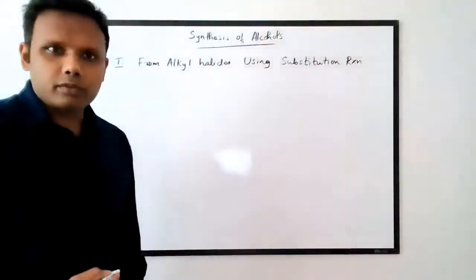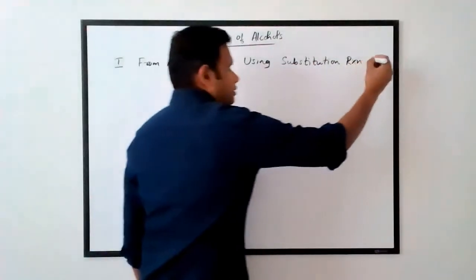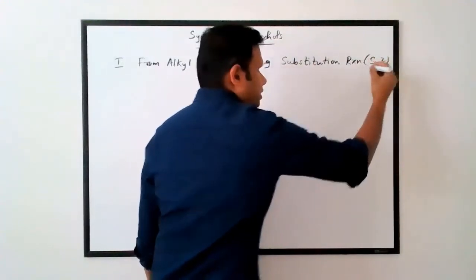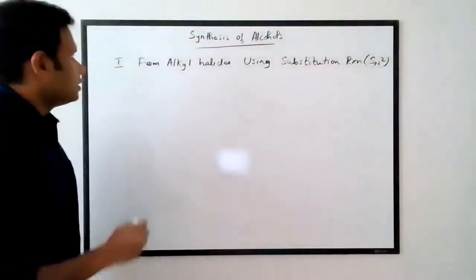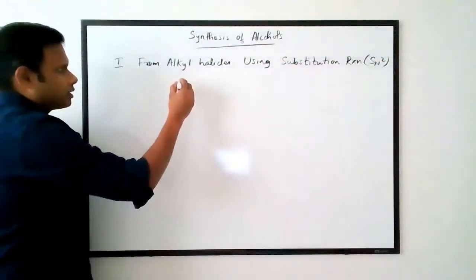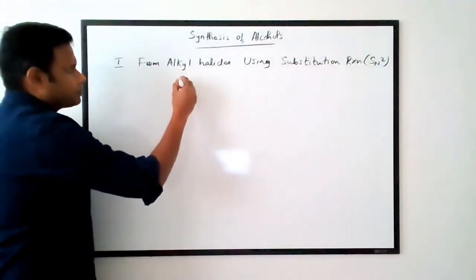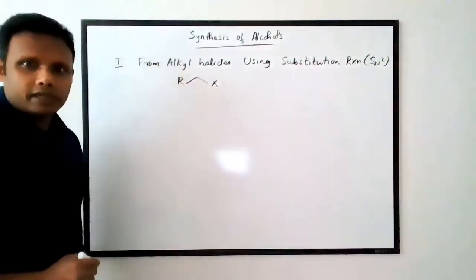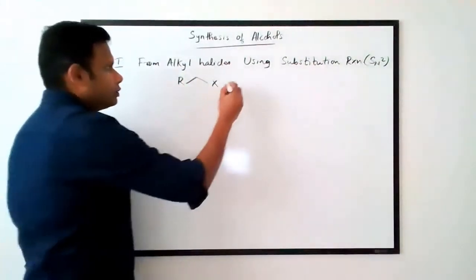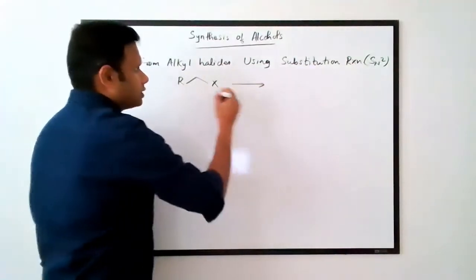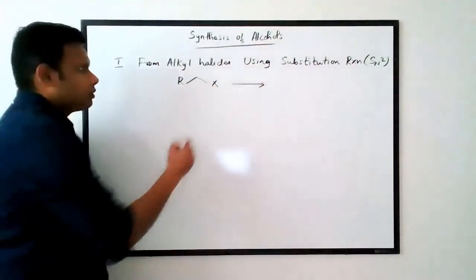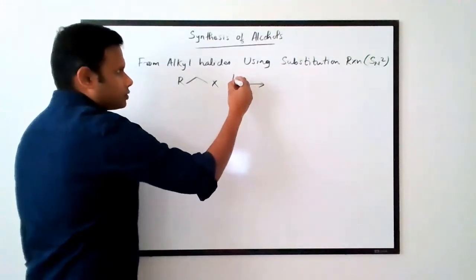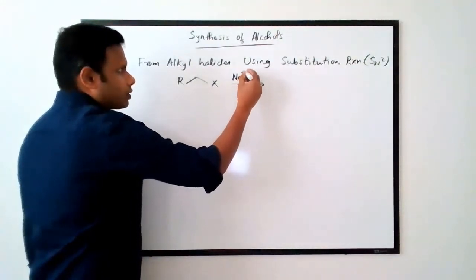And since we're talking about synthesis, the specific substitution reaction which is more useful is the SN2 reaction. So for example, if we have an alkyl halide, what we can do is react this alkyl halide with sodium hydroxide or some hydroxide source. So let's say sodium hydroxide.